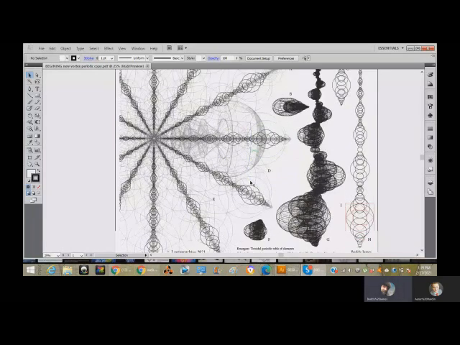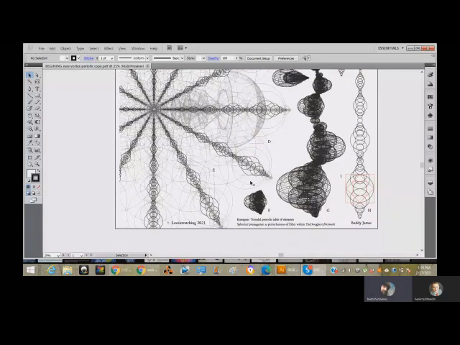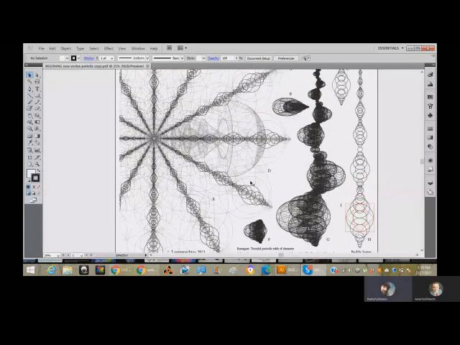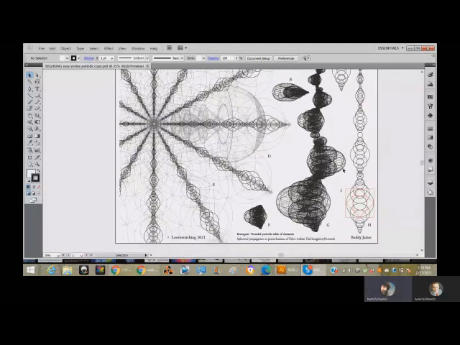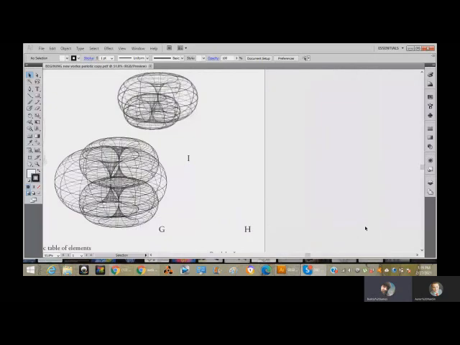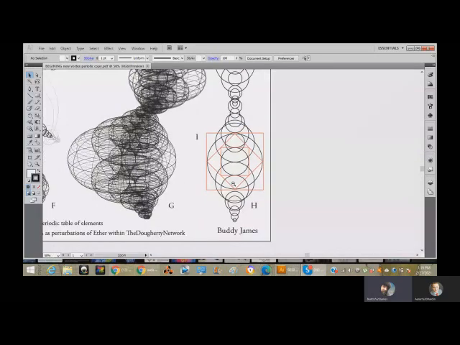So I took one of these out, and you can see H is what I was talking about. And I also highlighted here that it is the square within the square, showing and proving the inverse square in the square root 2 geometry.